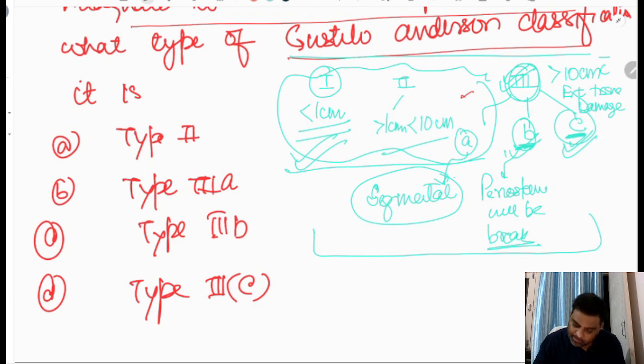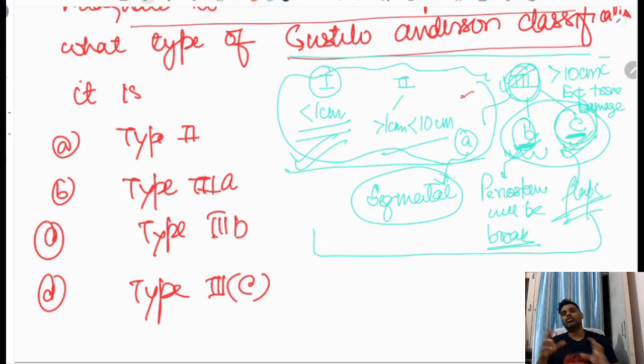But from 3B and 3C, flaps are required. So whenever it is given that the surgeon is not able to completely close the defect with the help of the surrounding tissue, then please remember the classification is above 3A. It may be 3B or 3C. If a circulatory problem is there, it will be 3C. If the circulatory problem is not there, it is 3B.